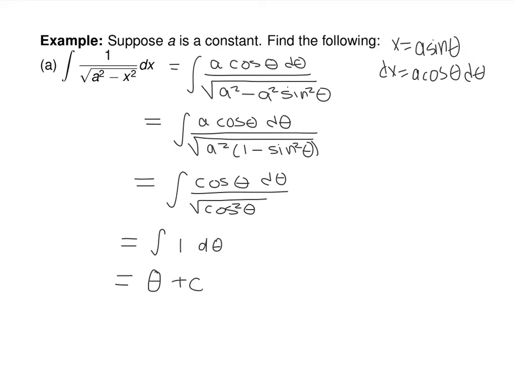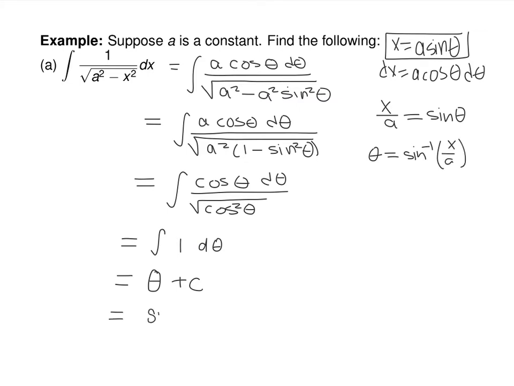We have to find what theta is. Since x equals a sine theta, x over a equals sine theta, and theta is sine inverse of x over a. So this is sine inverse of x over a plus c.